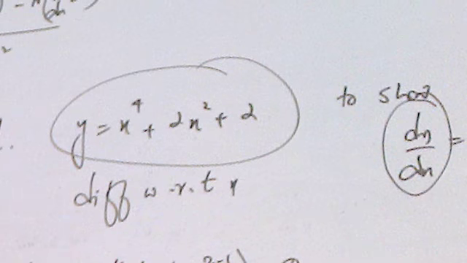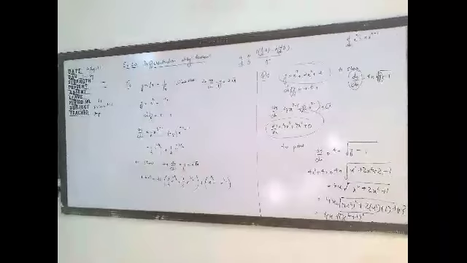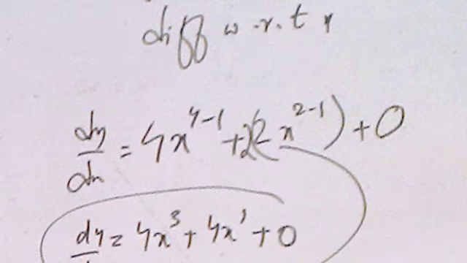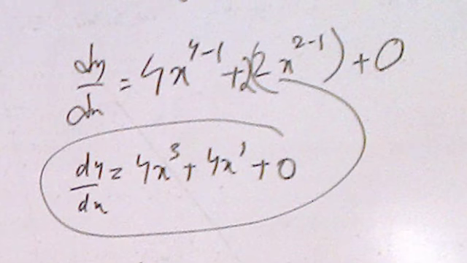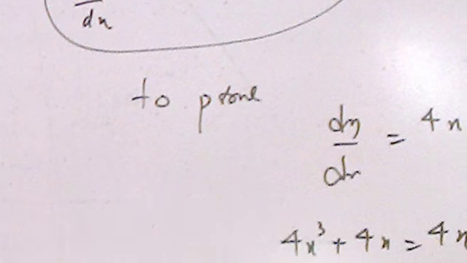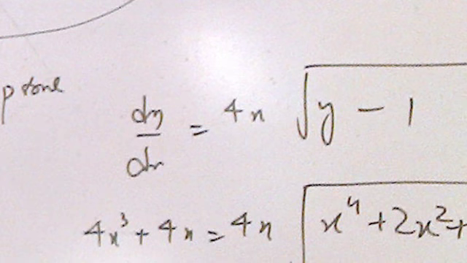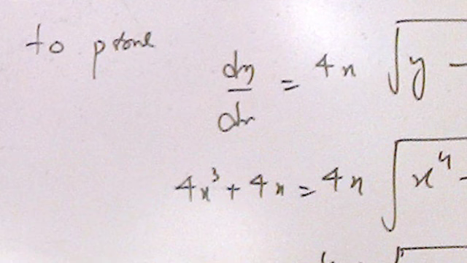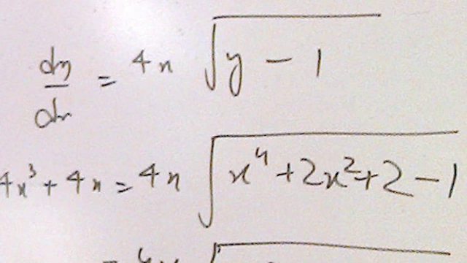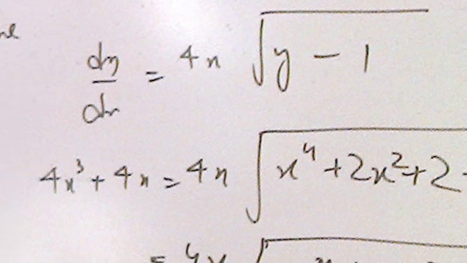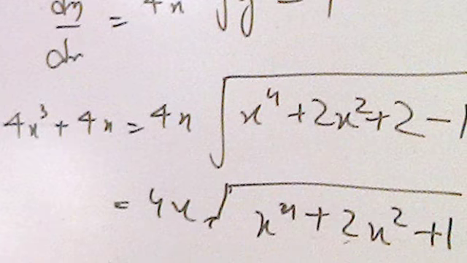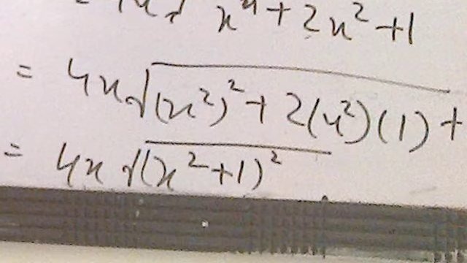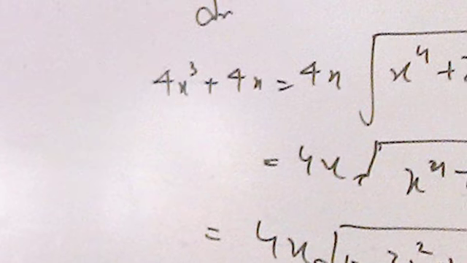Now in this question we have y, and to show that this value, we first differentiate it, n minus 1, and then to show this, we put the value of dy by dx and value of y in this equation. Square root 2 minus 1 is 1, and it becomes whole square, so these two values are equal.